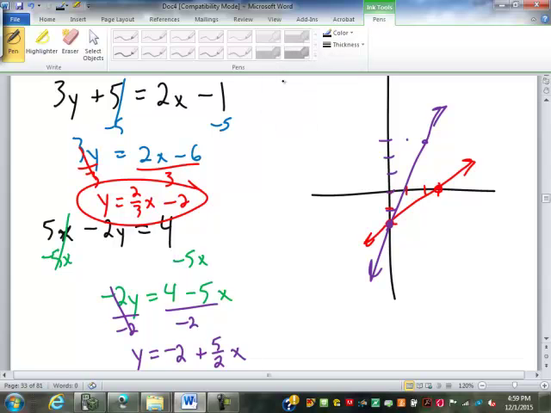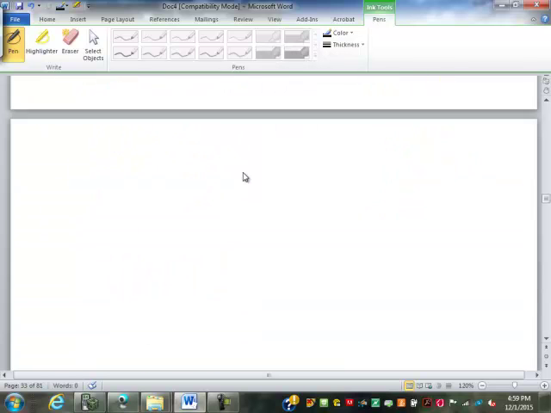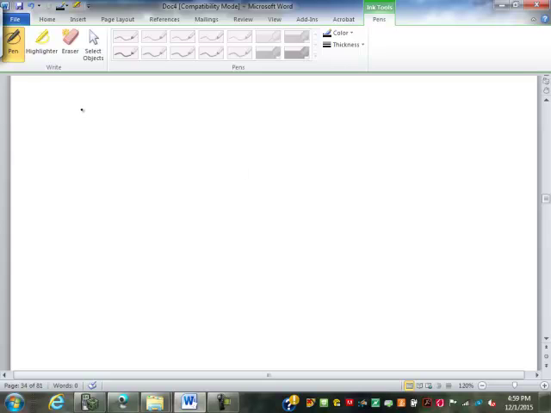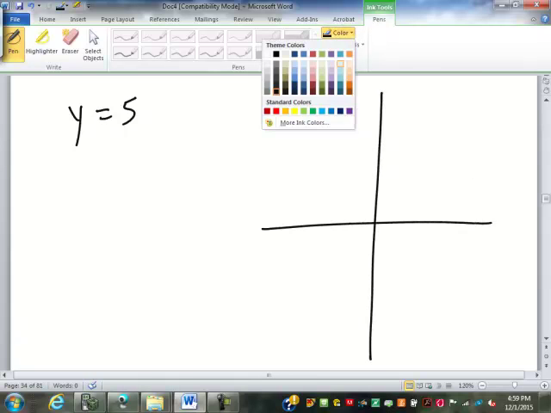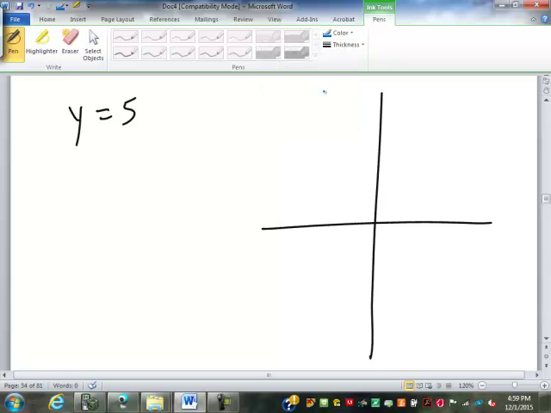What do you think? Okay. How about that one? How do we graph that? Well, what's our slope? We can think of it like this.